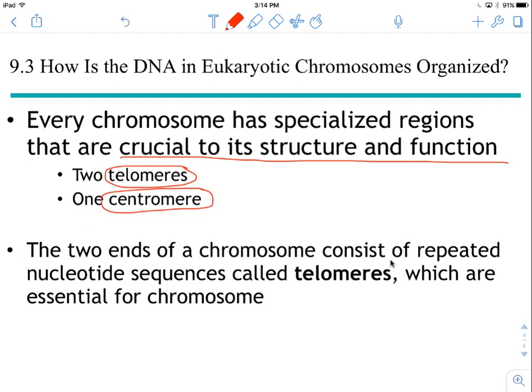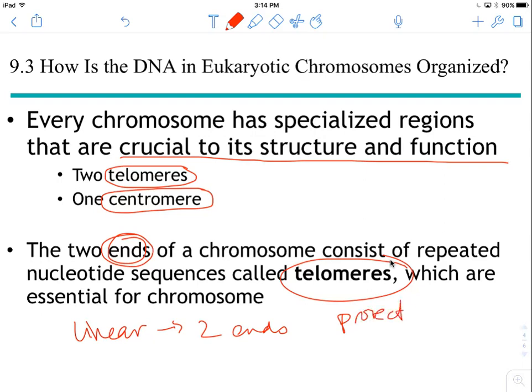A telomere is the end of the chromosome. Since eukaryotic chromosomes are linear, they have two ends. And the ends are folded up into a very unique structure called a telomere. And this basically protects the end of the chromosome.